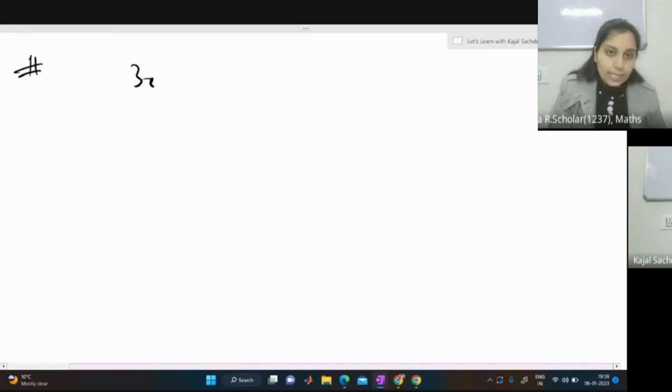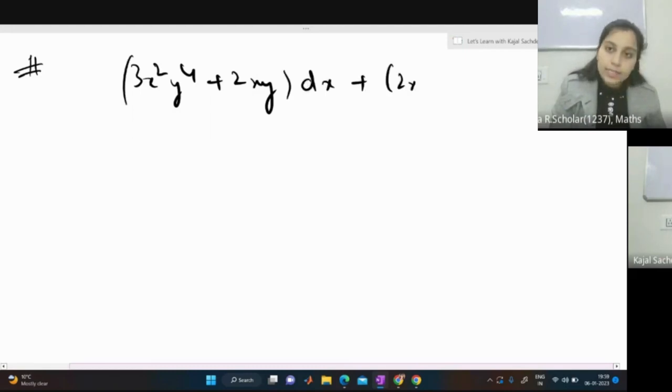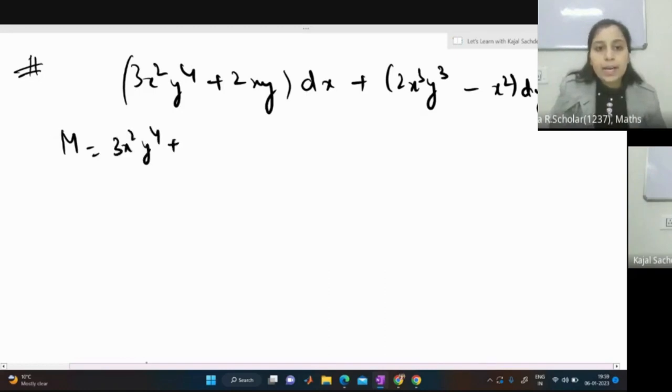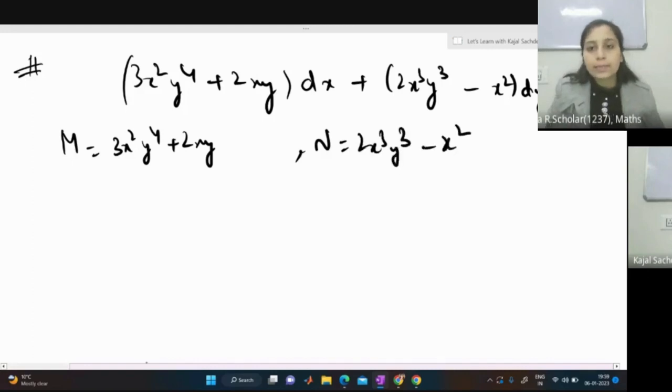Let's take an example: (3x²y⁴ + 2xy) dx + (2x³y³ − x²) dy = 0. Compare it with M dx + N dy = 0. We get M equal to this and N equal to 2x³y³ − x².